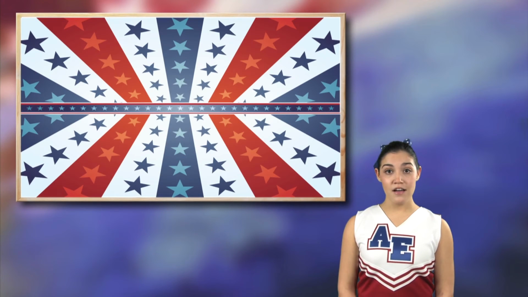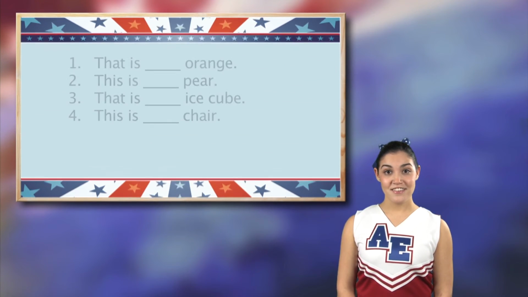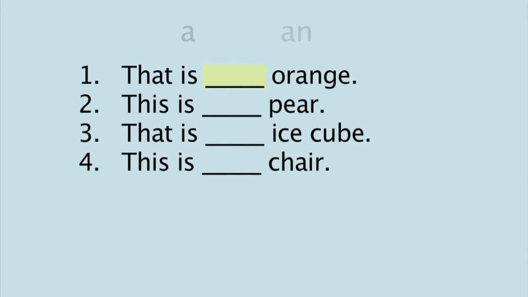All right, now it's time for you to try. Choose a or an. That is an orange. This is a pear. That is an ice cube.